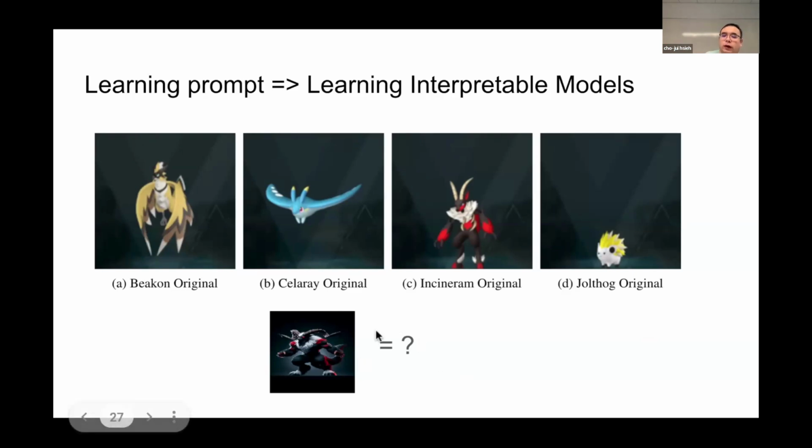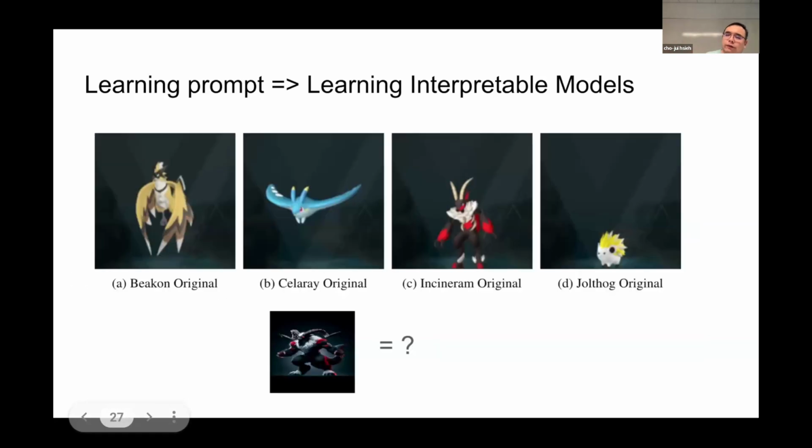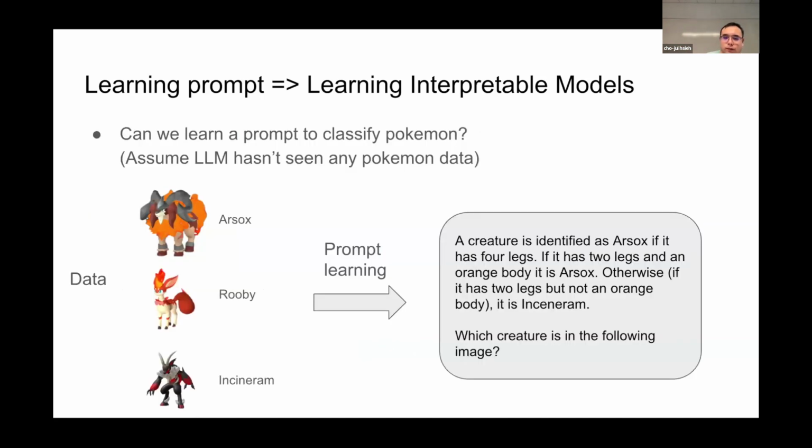So from a human, we can easily see this is probably this one, but we want the LLM to learn from this, and we want the learning process to be interpretable such that you can learn the knowledge on how to decide which Pokemon species this is. This cannot be done if you just do fine tuning, because if you just do fine tuning, then you just have a new model and you don't know why the model can make this prediction.